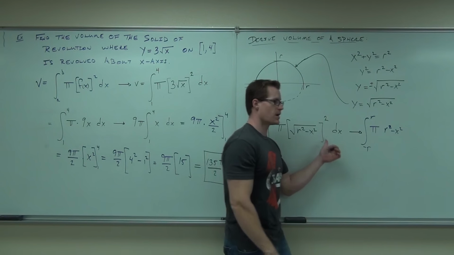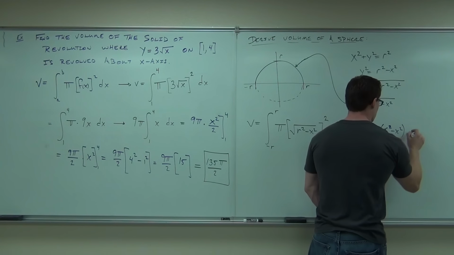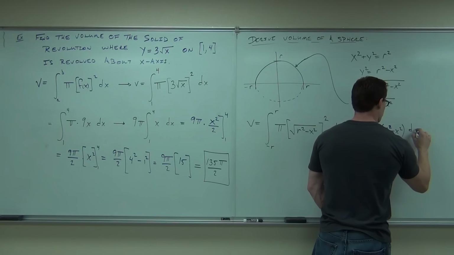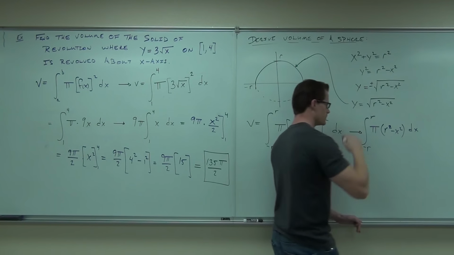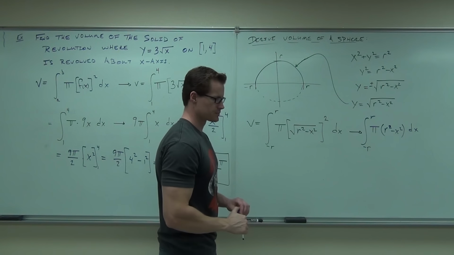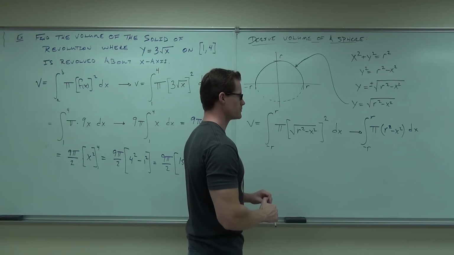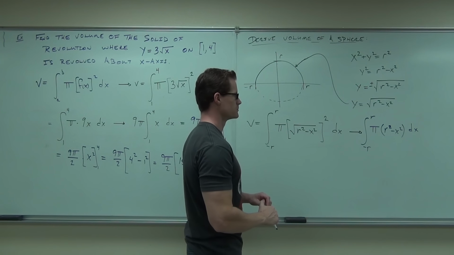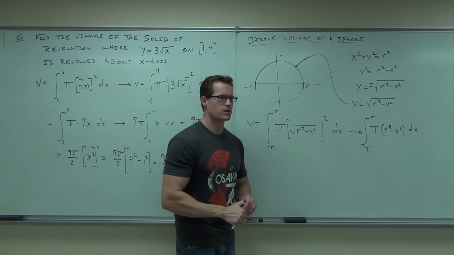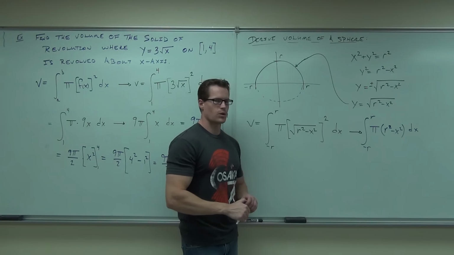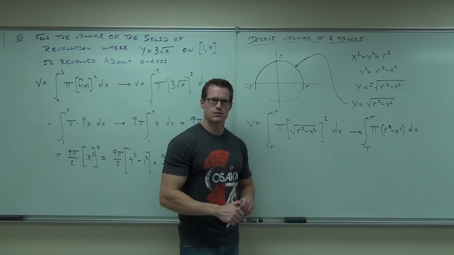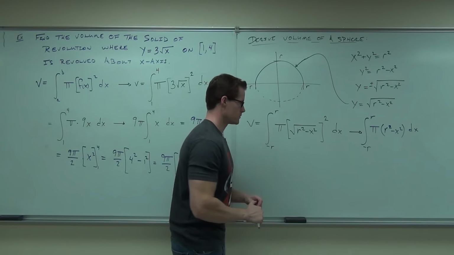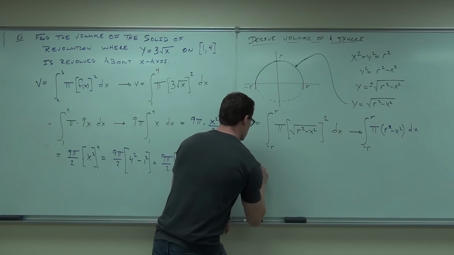I'm still multiplying by pi, so yes, I do. Still so far so good? Okay. What now? You could pull the pi out. Sure, if you'd like to do it.